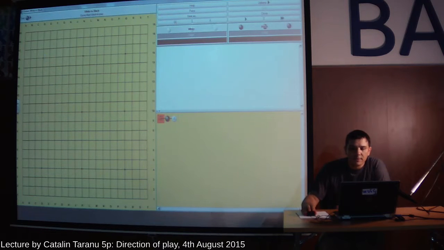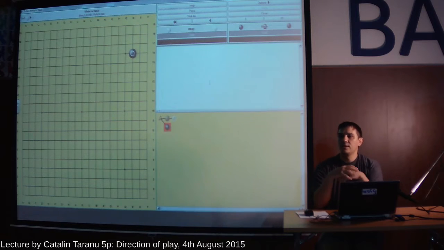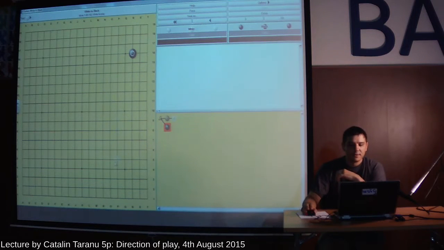But when we play, for example, Komoku, this stone already has a direction of play. It's like the stone has eyes and it's looking in one direction. Can you tell me which is the direction in which this Komoku is looking? Downstairs. So the downstairs, you mean the right side?